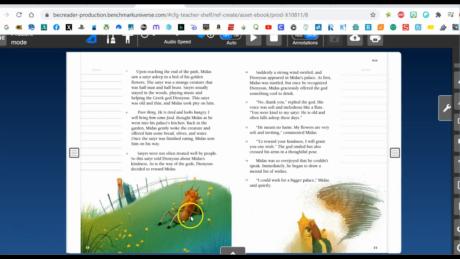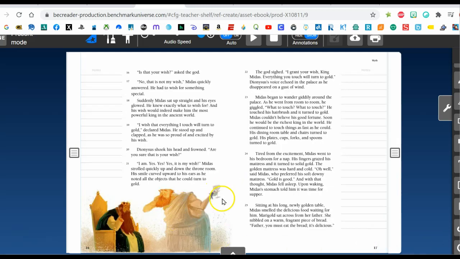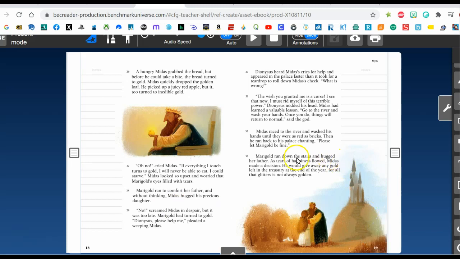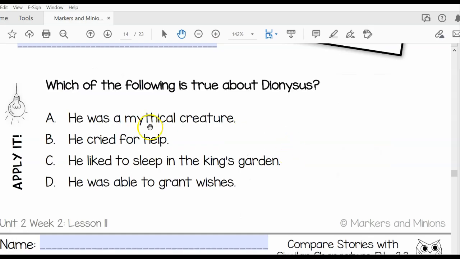That's a theater. Oh, that's not him? No. This is him. That's him. Yeah. This is Dionysus. Oh. All right. I thought it was the little creature. So I guess he's not a mythical creature.